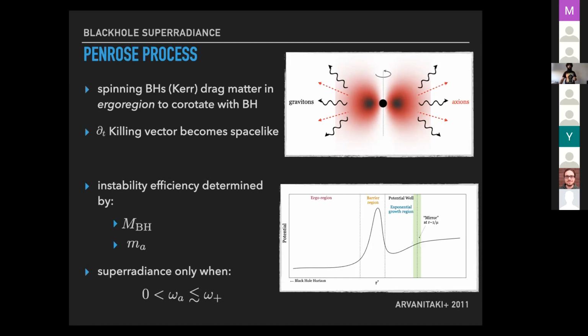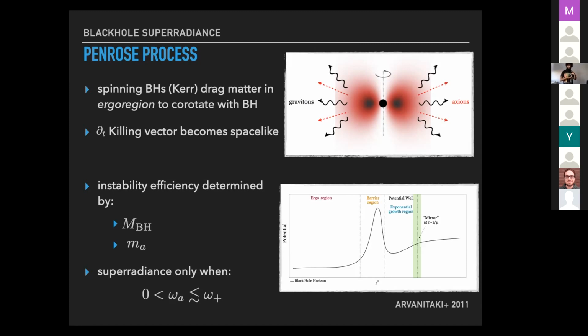So as I mentioned, this gravitational atom, so we can have these kind of energy shells around the black hole, and these energy levels can actually act as the mirror in Teukolsky and Press's so-called black hole bomb scenario.